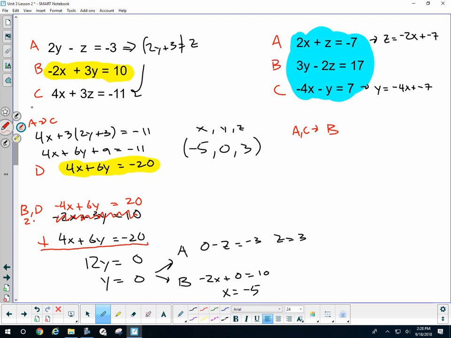And let's see. I'd have 3 times y minus 2 times z is equal to 17. How did I know to do that?